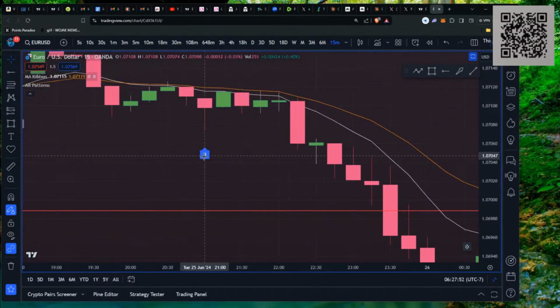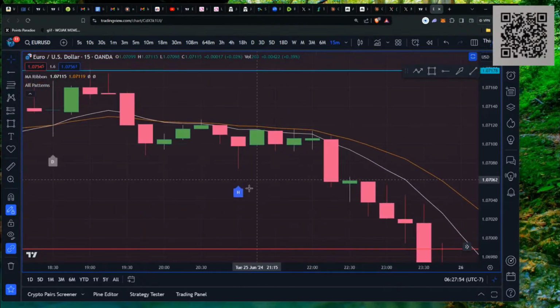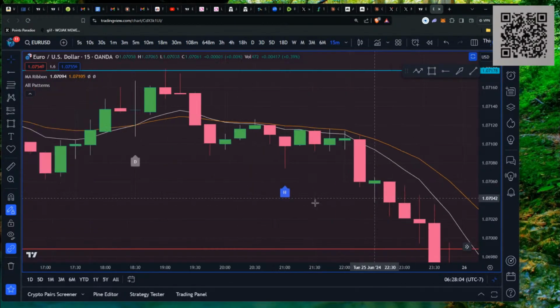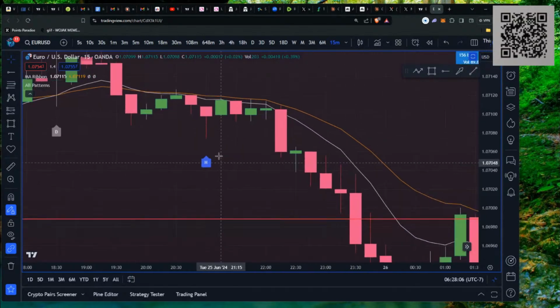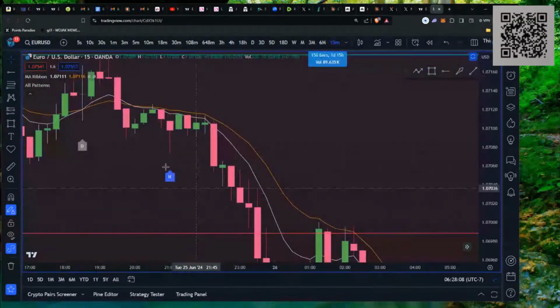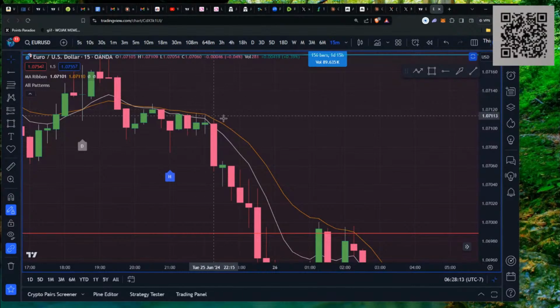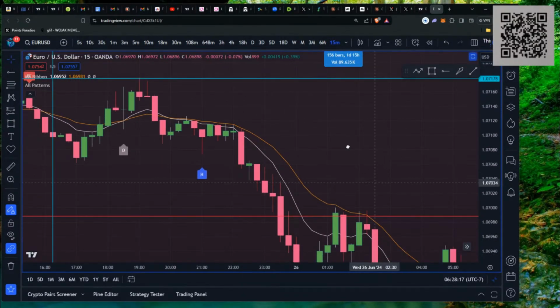In this case, this hammer becomes a hangman because price built a hammer, and the next candle, even though it is a higher high and a higher close, ended up rejecting and failing. So this would have been just a failed signal. But when you have a bullish signal fail in a bearish environment, that actually can act like a bearish signal. So there's a lot of nuance to candle theory.